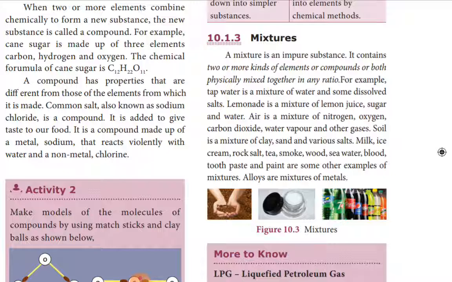A compound has properties that are entirely different from the constituent elements. Carbon is a non-metal, hydrogen is a gas, oxygen is a gas, but cane sugar, C12H22O11, is completely different from the properties of its constituent elements carbon, hydrogen and oxygen.